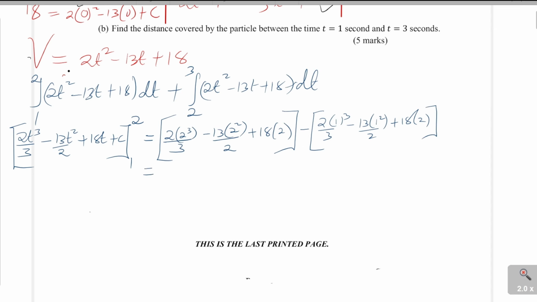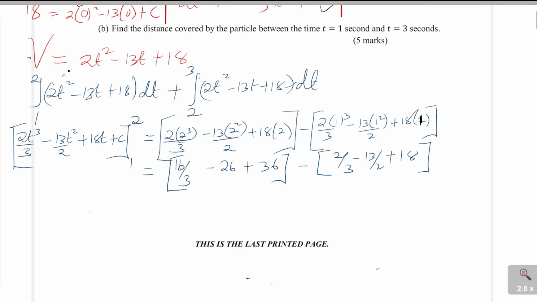Very fast, use a calculator, and you'll get this one as 16 over 3 minus 26 plus 36, which gives 46 divided by 3. I substituted, this is supposed to be 1, so this will be 18.